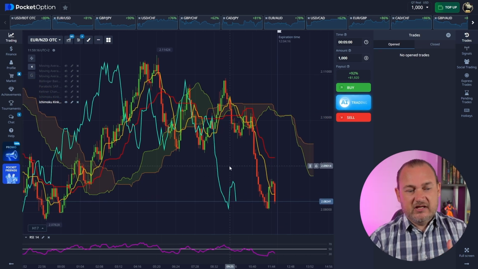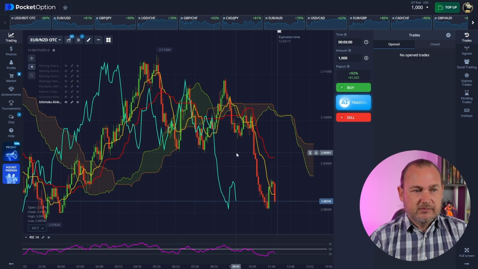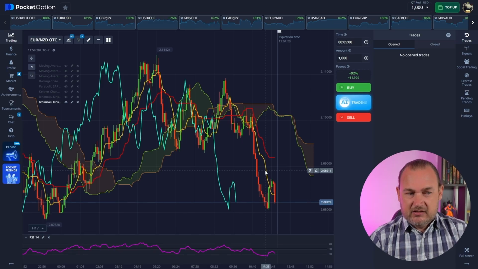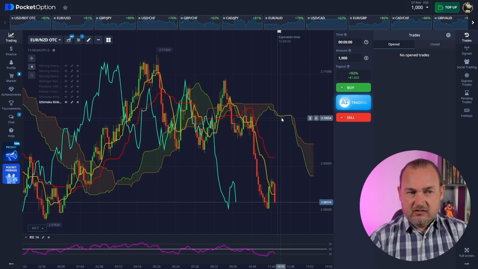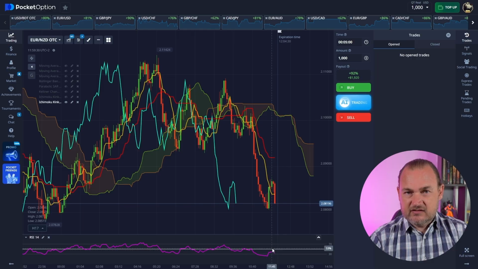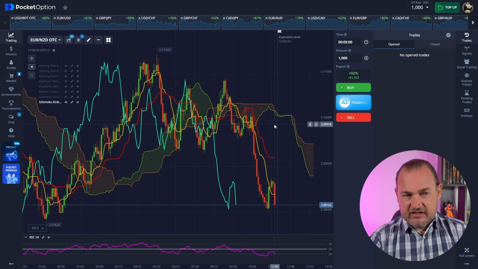So the ideal entry for us will be price moving in a direction, then hitting either the Kijun-sen or the cloud area. And when this happens, we want to see the RSI go back to test the 50 line, and then we're going to wait and see if it does reject.